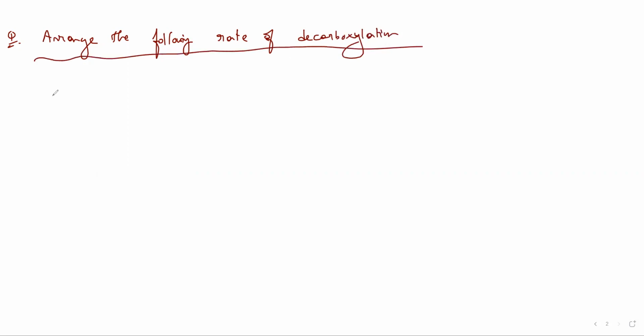It can be increasing, it can be decreasing, you can arrange any way. Suppose CH3CH2COOH, CH3CH double bonded CHCOOH, and another case CH3 C triple bonded C COOH.